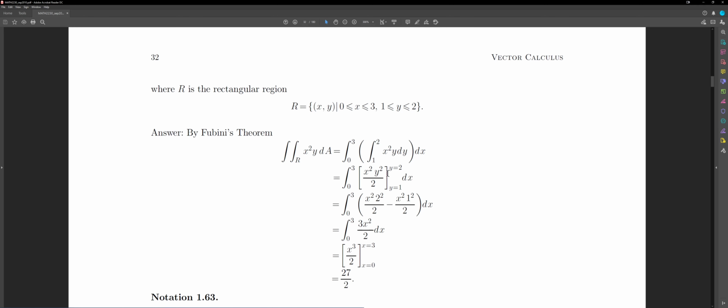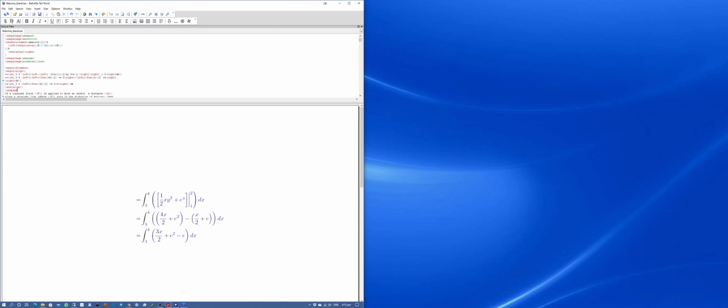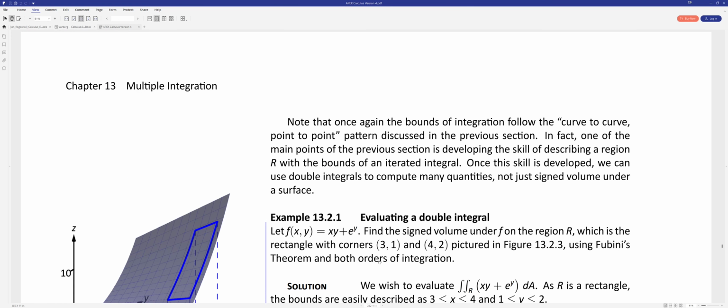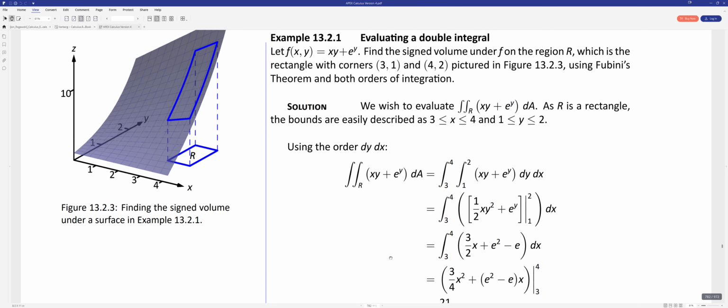But anyway, it's understood here. In the textbook, they just worked it out in one go.